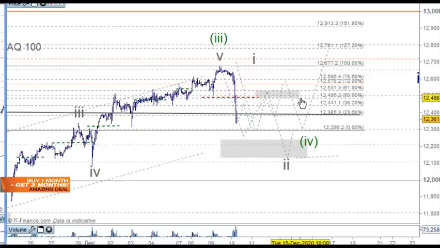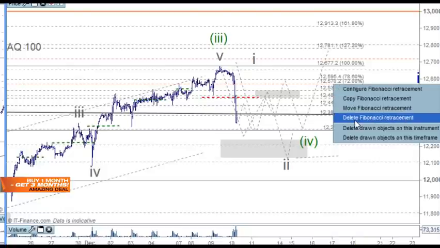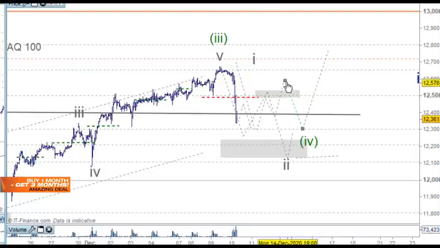So that's where the bounce can come to at that point. I've got that too high here. So these are the two scenarios that we'll be in for the S&P and for the Nasdaq, for both of those.